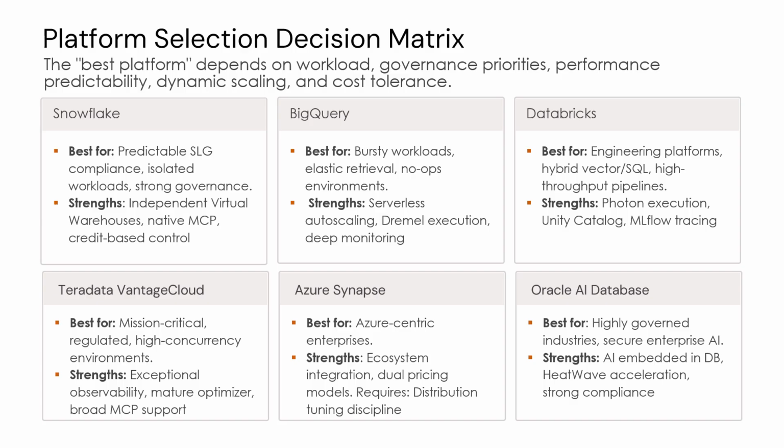It is a premier choice for data engineering teams that require high performance, scalability, and code-based control over their ETL, ELT processes. For Teradata: mission-critical, high concurrency applications with requirements of detailed observability. Azure Synapse and Oracle: ecosystem-driven governance.